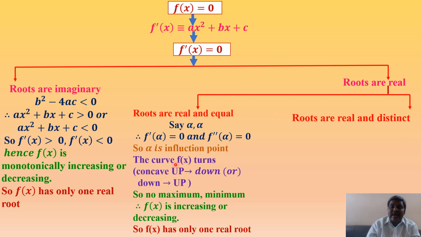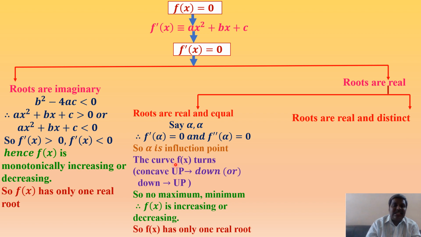So at x equal to 0, that is the point 0 comma 0, becomes an inflection point of the curve y equal to x cube. So y equal to x cube is a strictly increasing function. So it intersects the x axis at only one point, so it has only one real root.